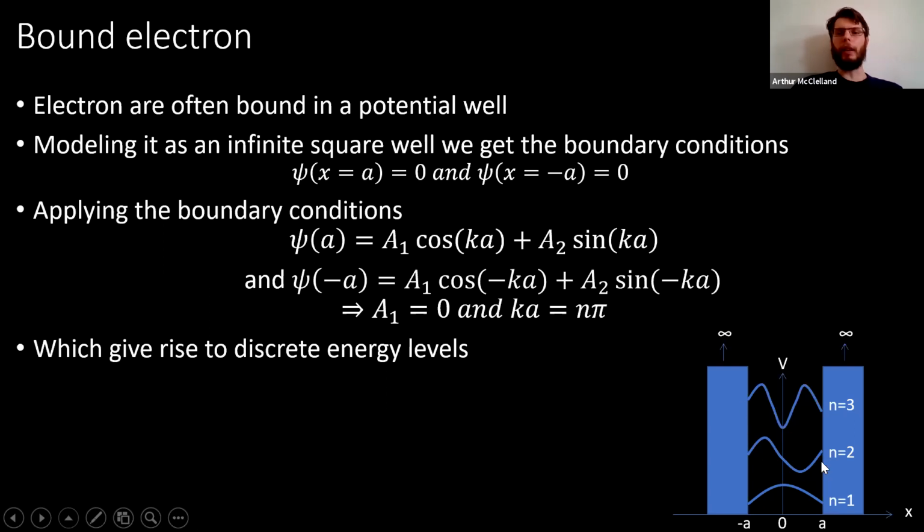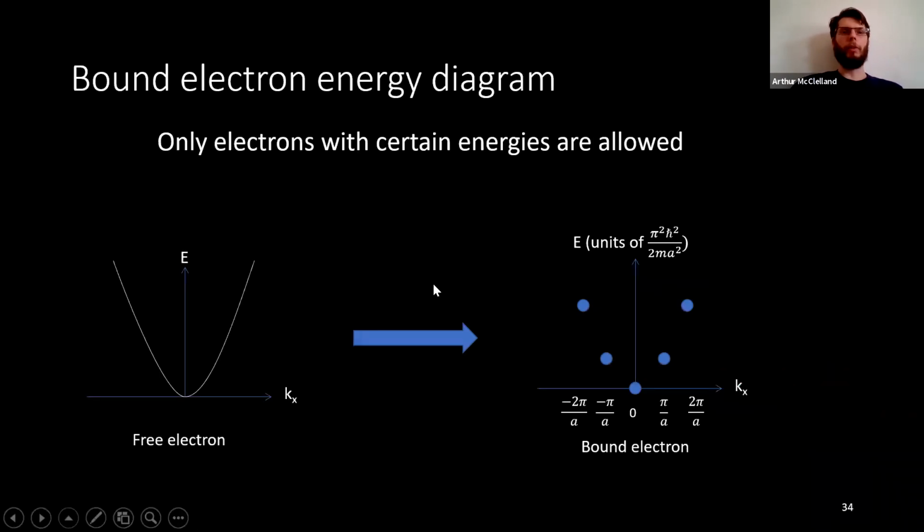And so there are discrete energy levels where it's allowed and some regions where it's not allowed. So with the bound electrons, we go from this free electron, where it can have energy on this parabolic curve, so it's only allowed these discrete energies.